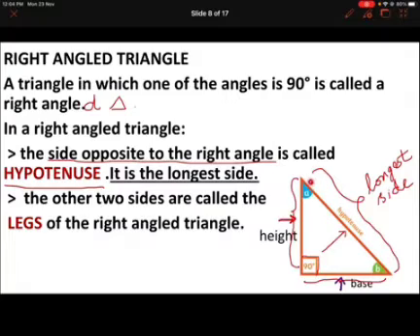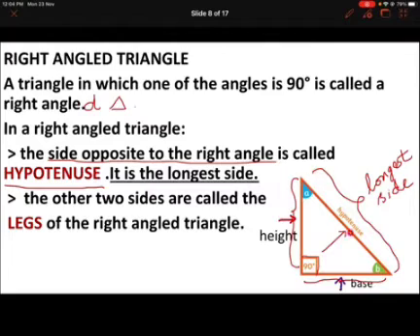So please remember, the longest side, that is this side, is called the hypotenuse. How do we know? It is the side opposite to the right angle. So please learn, in a triangle, if one of the angles is 90 degrees, it is called a right-angled triangle.